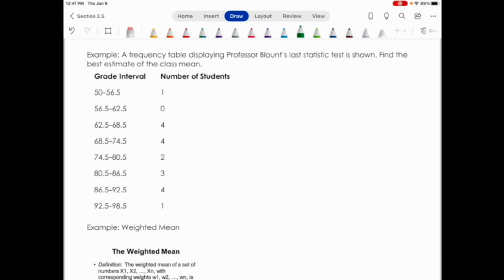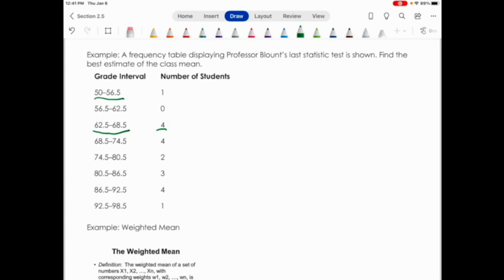I just know that there's one grade that falls between 50 and 56.5. I know that there are 4 grades that fall between 62.5 and 68.5. So it's impossible, since we don't have those individual data values, to find the exact mean.